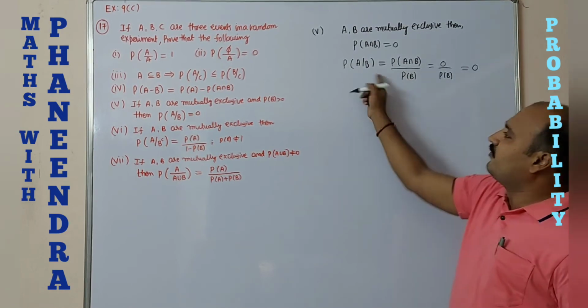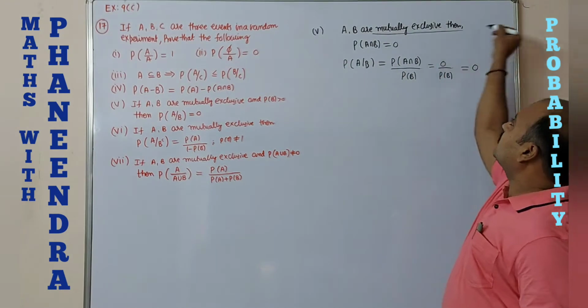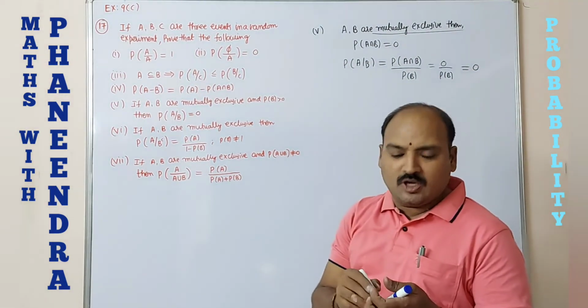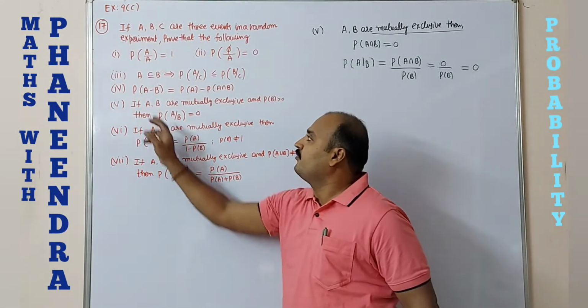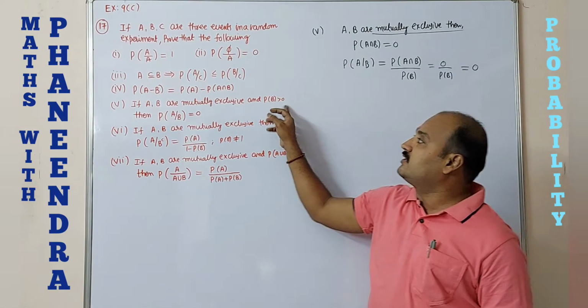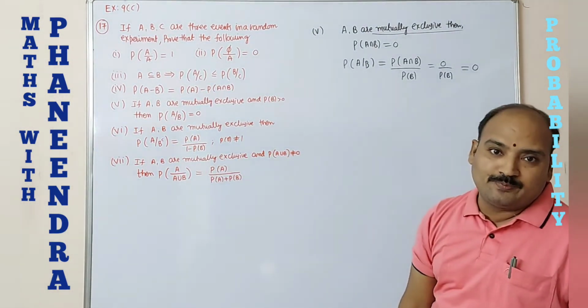So hence proved, P of A given B equals 0 when A, B are mutually exclusive. Conditions apply here, dear students. Even in objective MCQs, they may ask: if A, B are mutually exclusive and P of B is greater than 0, then P of A given B is equal to 0.